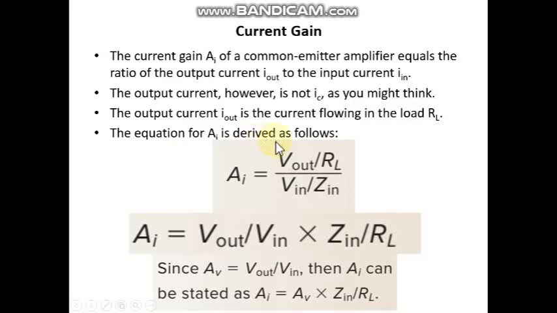So the equation of AI will be V out upon RL divided by V input upon Z input. So AI is equal to V out upon V input times Z in upon RL. So your V out upon V in can be replaced as AV. So your current gain is equal to voltage gain times Z in upon RL.